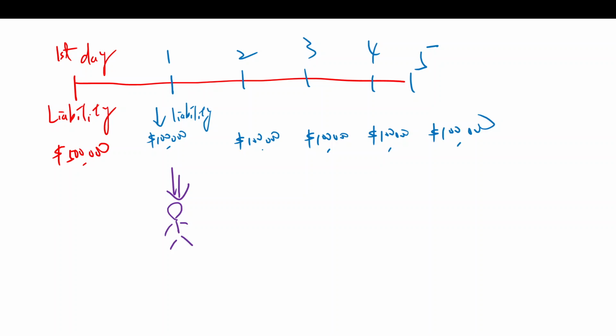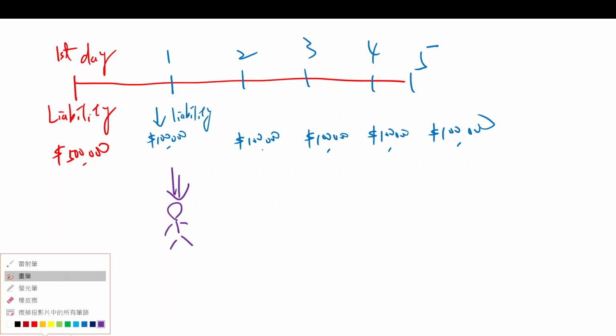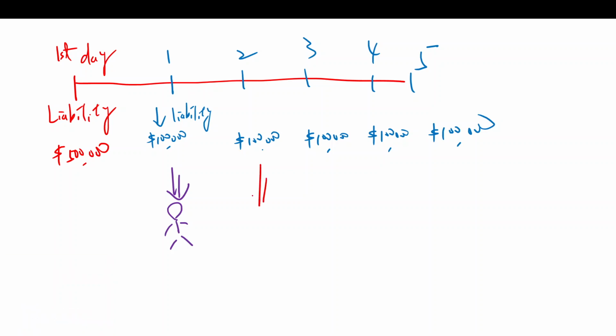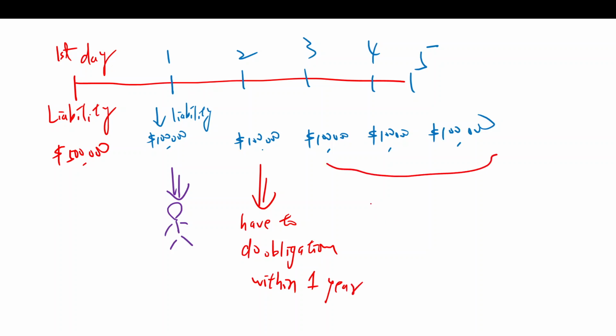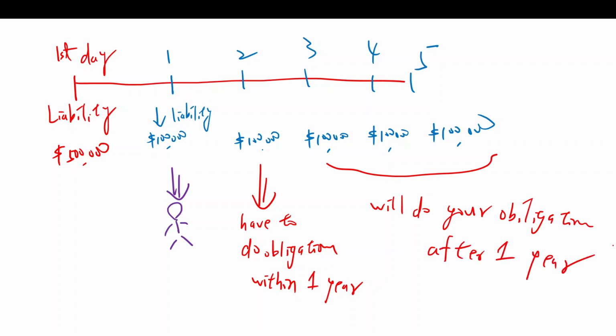So for your first $100,000, you have to do your obligation within 1 year, right? How about the other? You will do your obligation after 1 year, right? So what does it mean?